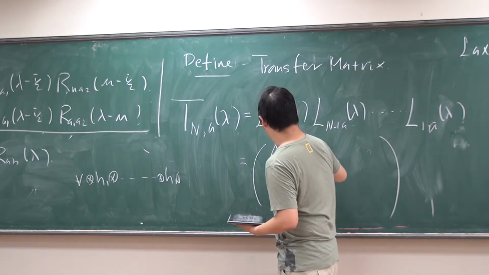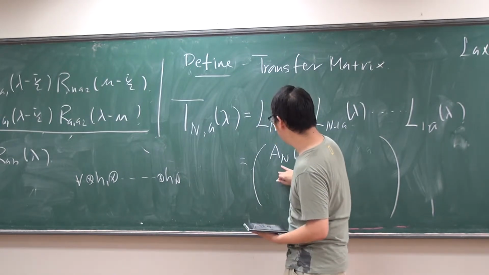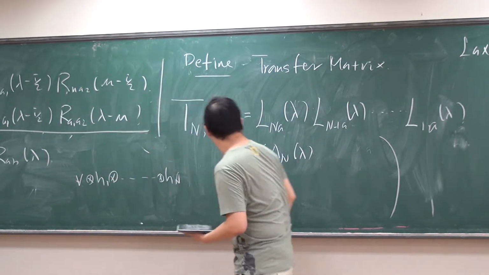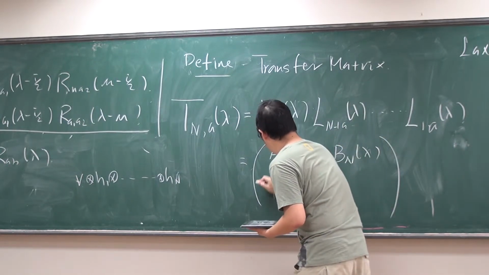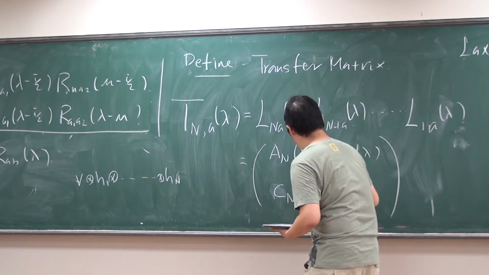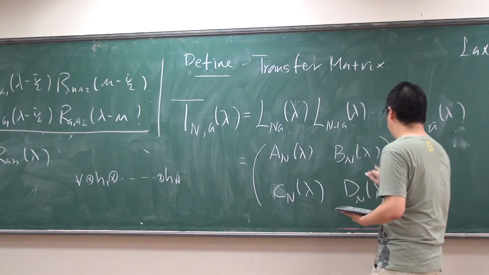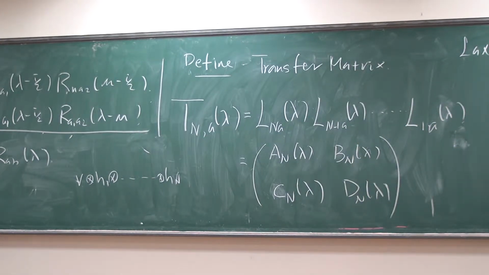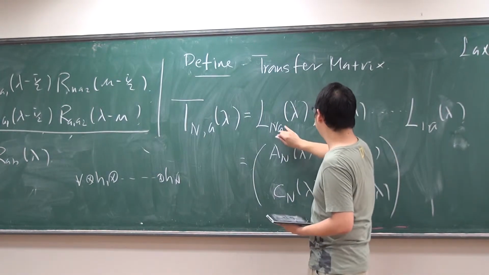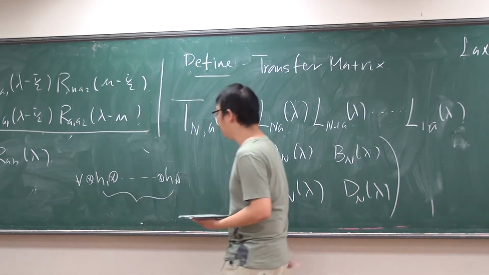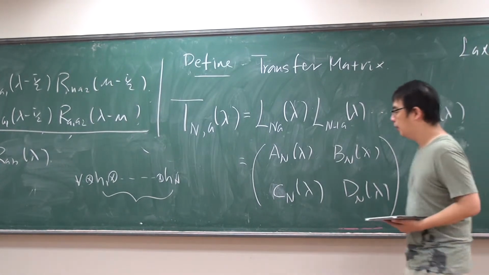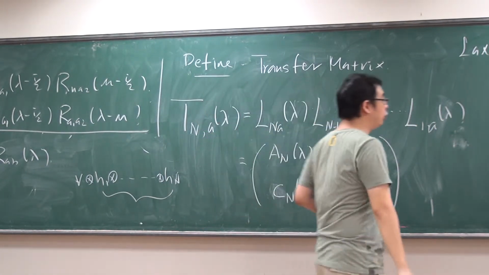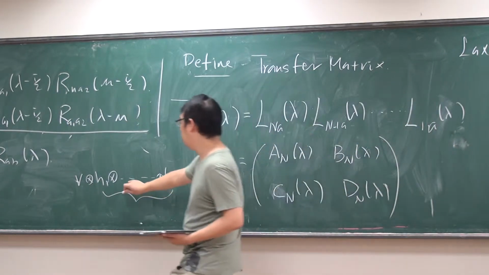So this will be a 2 by 2 matrix on the auxiliary space, but the individual entries here, you should really remember, are operators on the remaining physical space of your spin chain. So they are really products of those Pauli matrices which act on the individual sites of the spin chain.